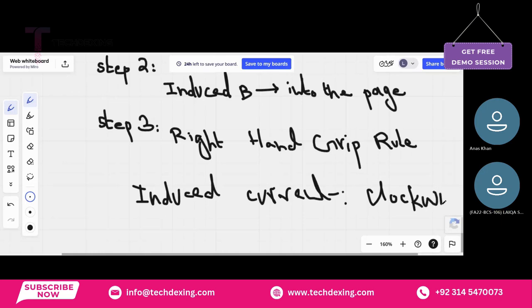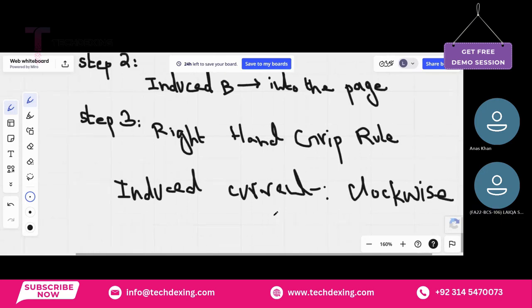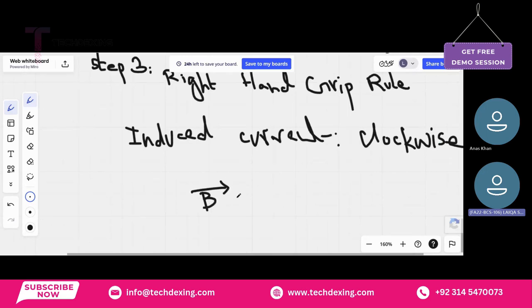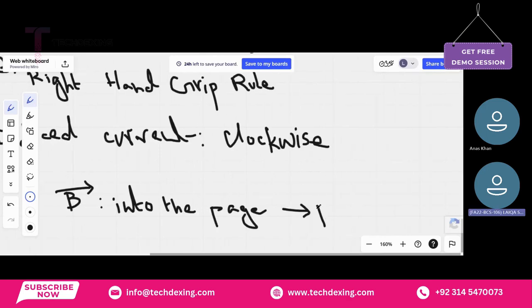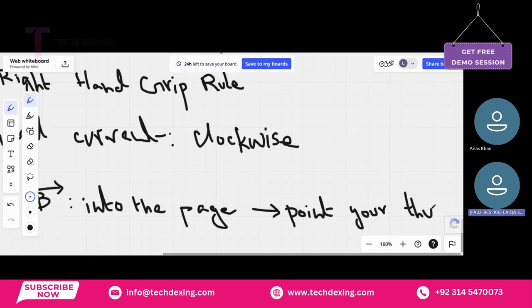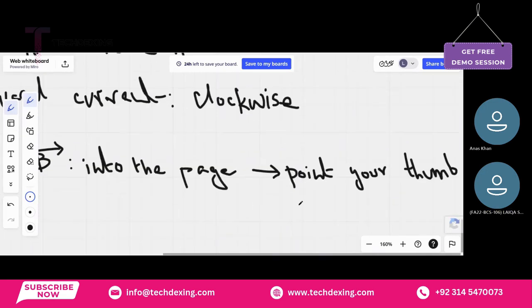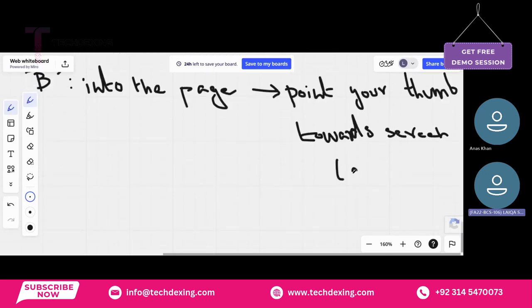It would be clockwise. Remember that if you are given the magnetic field which is going into the page, you have to simply point your thumb towards the screen, or away from you.